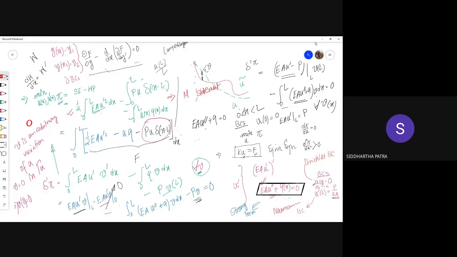The first variation of pi for us is the V statement, or the variational statement. Then there is the strong form. This V statement and the M statement, both of them are weak forms.